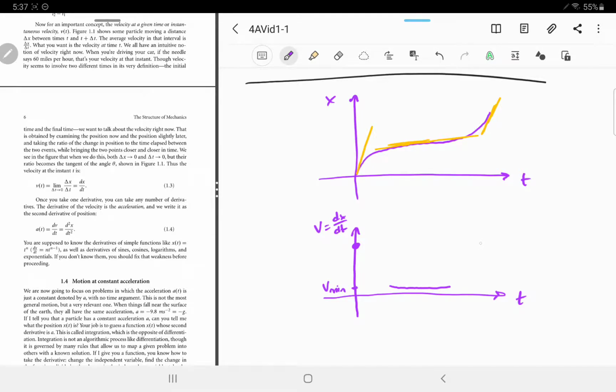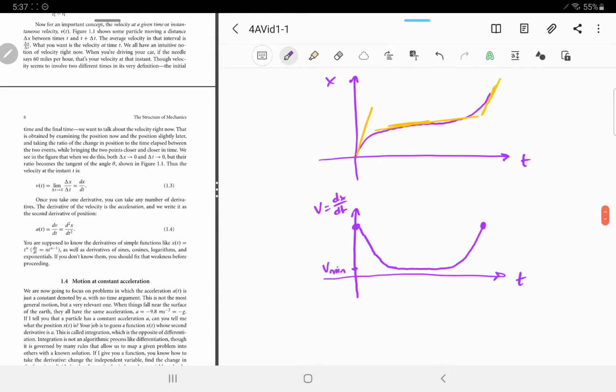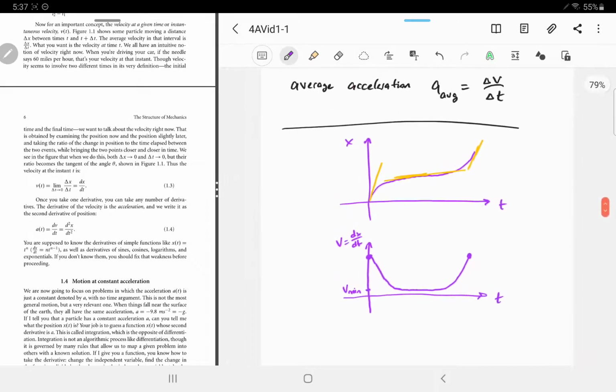And then it comes back up again by the time we get to this time. So this graph, I would say it kind of goes down like this, and then it hangs down here a while, and then it starts to go back up again. So from the position versus time graph, we're able to draw the velocity versus time graph just by knowing the fact that it's the derivative. We're drawing the derivative of that graph.